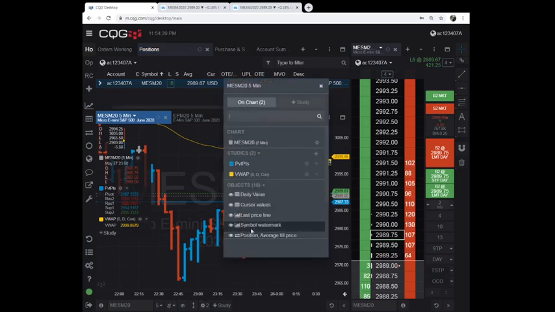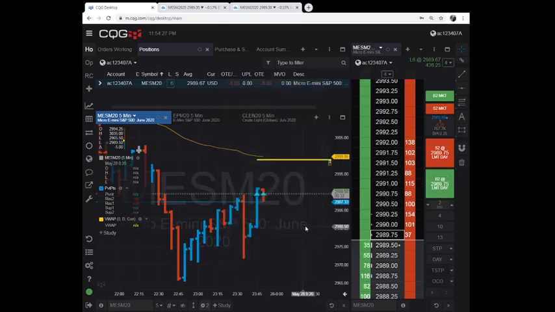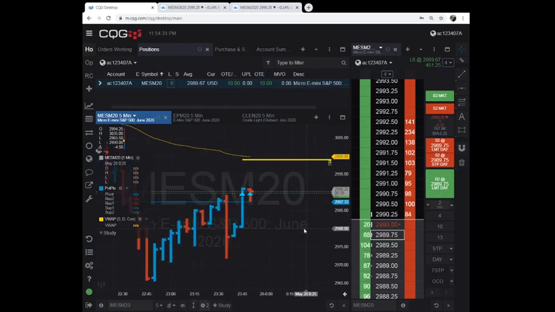I need to include a bar countdown, which will help us monitor the candle more easily. This candle must be a blue one, so then the next one will be a big strong bullish candle.